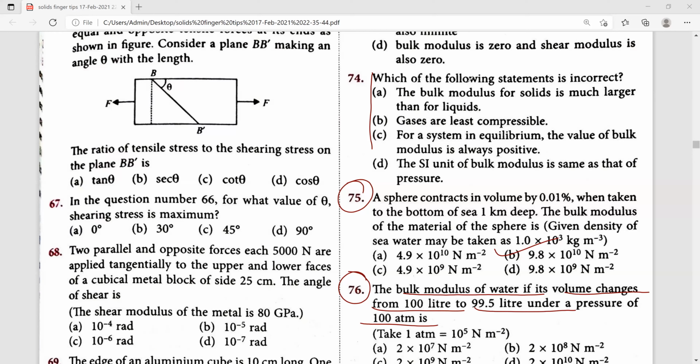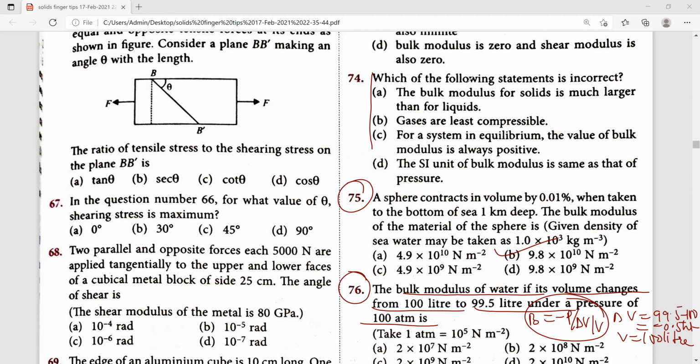Here we are using the formula from the definition of bulk modulus, B is equal to minus P divided by delta V by V. Here pressure is 100 atmosphere and delta V value is 99.5 minus 100, which gives minus 0.5 liters, and the volume is 100 liter. So in this formula, just substitute all the known values.